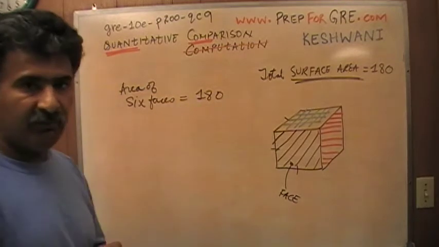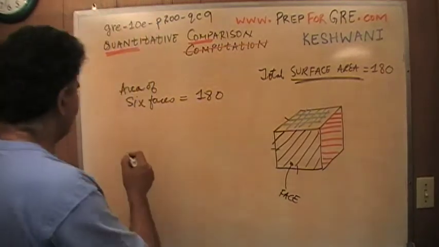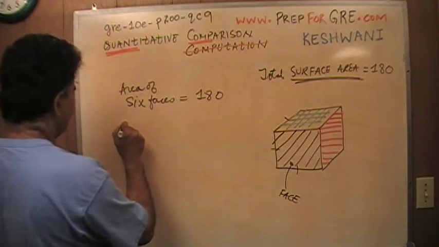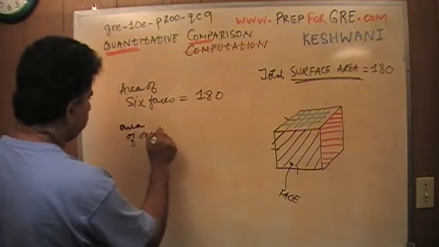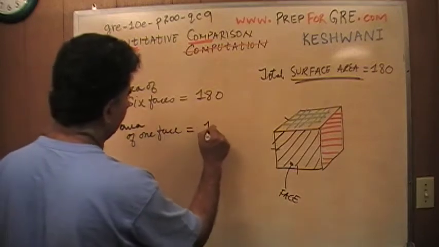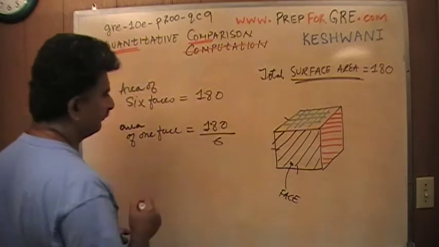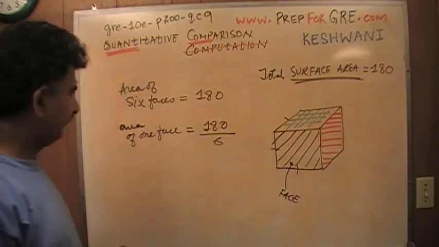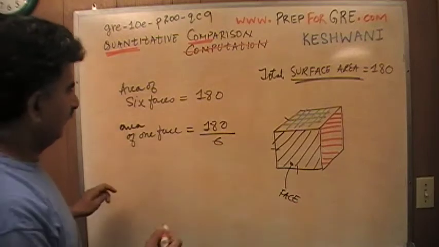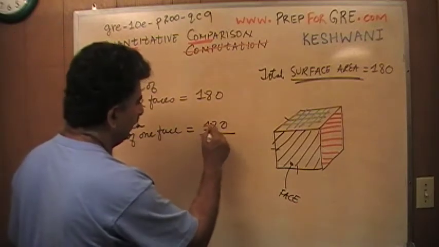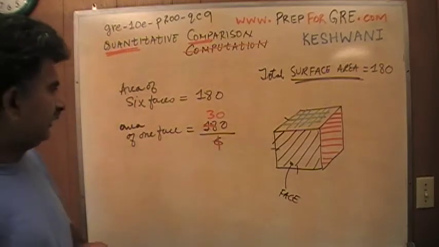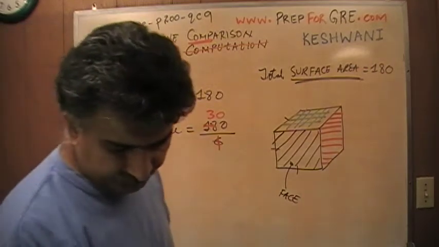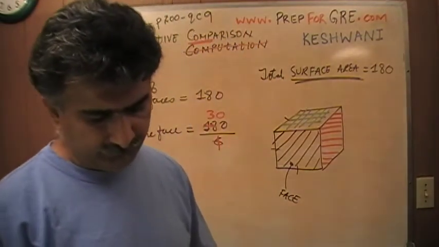If the area of the 6 faces equals 180, then the area of one face must equal a sixth of that. 18 divided by 6 is 3, so the area of one face is 30. What is the question exactly asking?